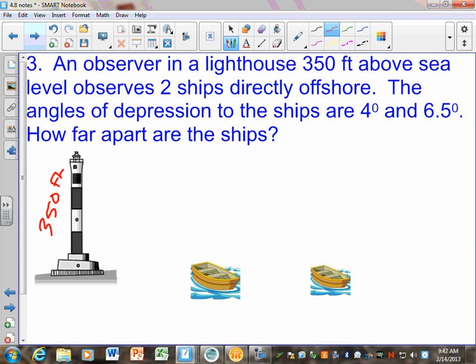It's pretty gross. The big thing on this one, I think, is figuring out which ship gets which angle, right? So I'm going to draw my horizontal like this, and I'm going to draw a line down to both of those ships. So I'm going to have a line to this ship.